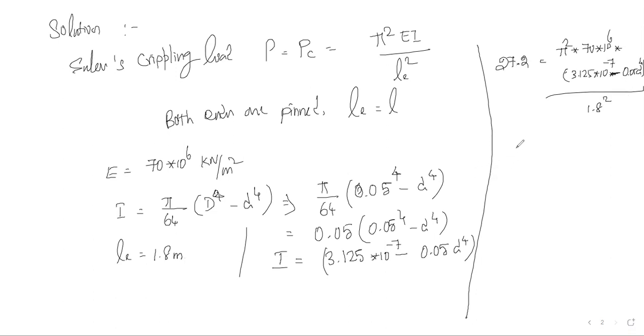If I substitute this, I can get the value of d. So I'm getting the value of d equal to 0.0437 meters, which is nothing but d equal to 0.0437 into 1000, in order to convert meter into millimeter. So 43.7 mm is the answer.